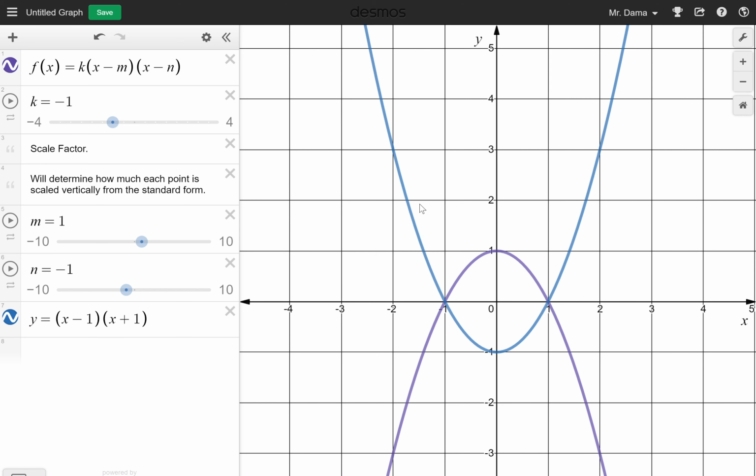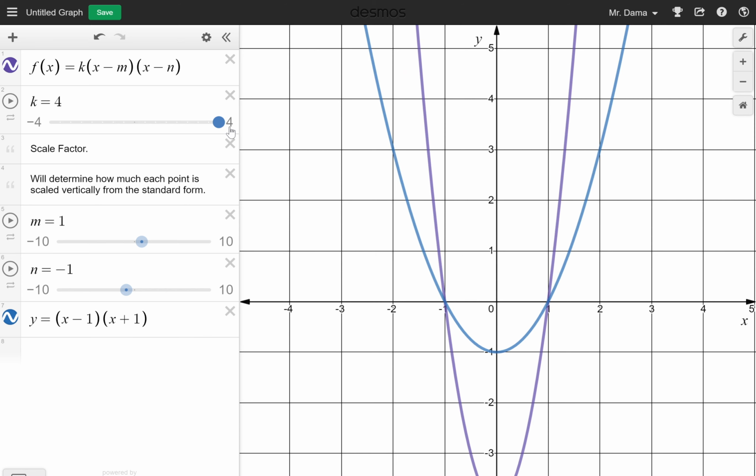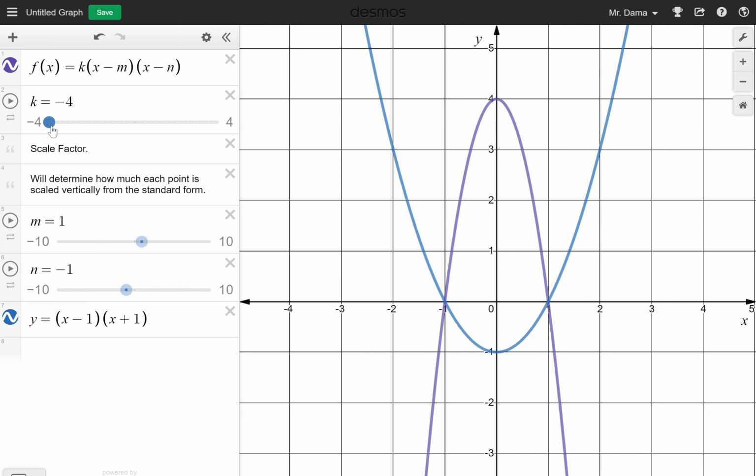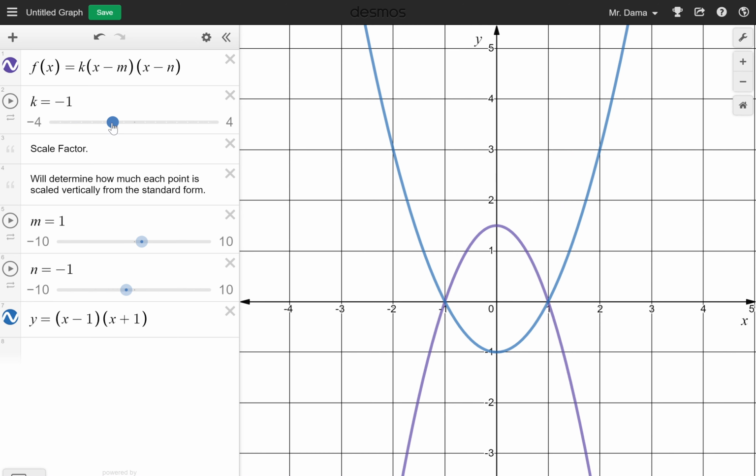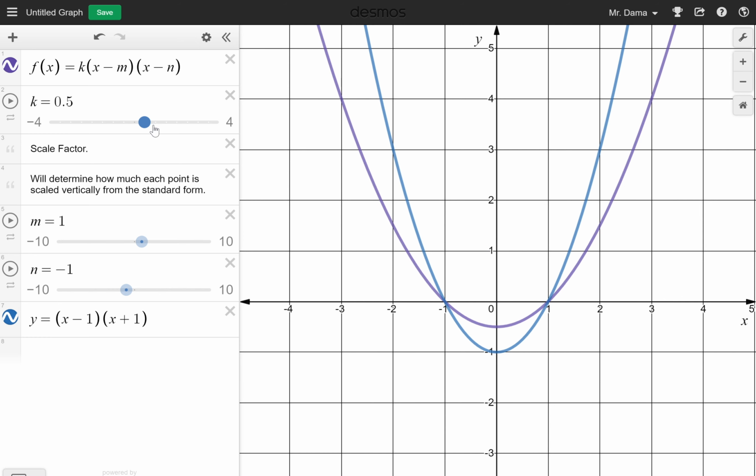The blue graph is the graph we had before, and look at how this graph compares to the blue graph. So if it's positive, it's stretched vertically; in the negative direction, a negative just flips the graph. But the x-intercepts will not change. And I think that's pretty cool.